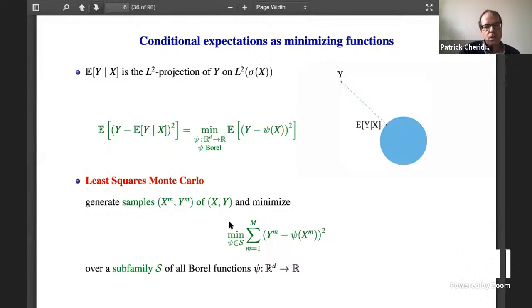And you're also not going to be able to minimize this over all possible Borel functions, so you're going to restrict to a subfamily S of all possible Borel functions.